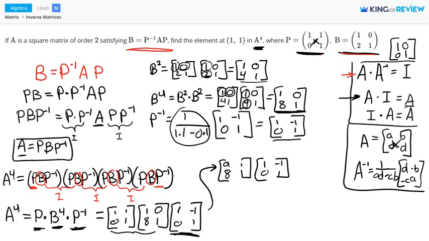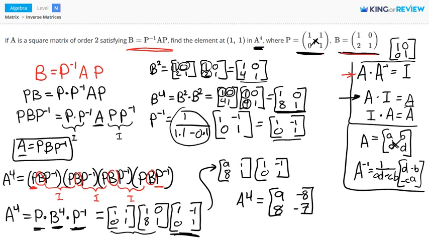And now when we multiply that together, we get A to the fourth. Matrix A to the power of 4 is equal to, we get 9, 8, negative 8, and negative 7. So now we've figured out what matrix A to the fourth power is.